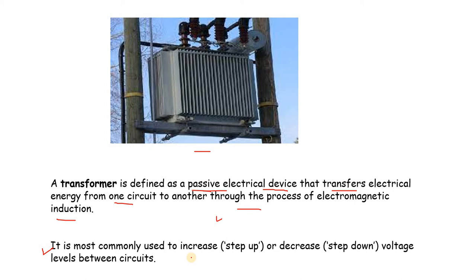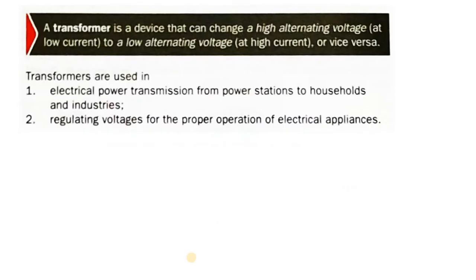You remember that the voltage we get is high voltage, but in our house different appliances have different requirements. For example, the mobile charger and the TV unit don't require too much voltage. So small transformers are used to convert high voltage to low voltage.